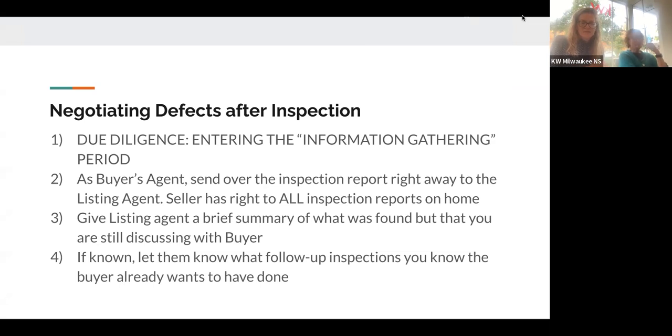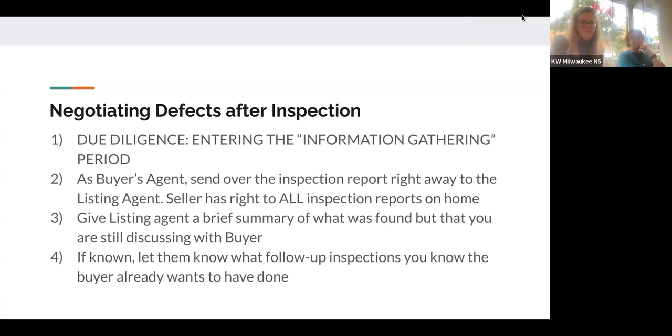So give that seller the opportunity to review their inspection report by sending it over right away. And as I had already mentioned, the seller has the right to all inspection reports on their home. It's right in the inspection contingency lines that the buyer's agent shall promptly deliver all inspection reports.